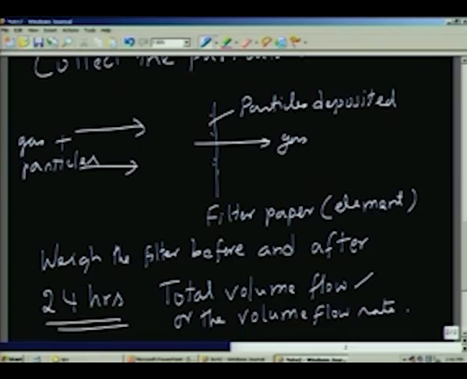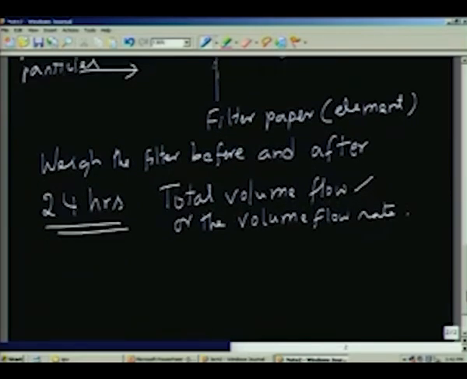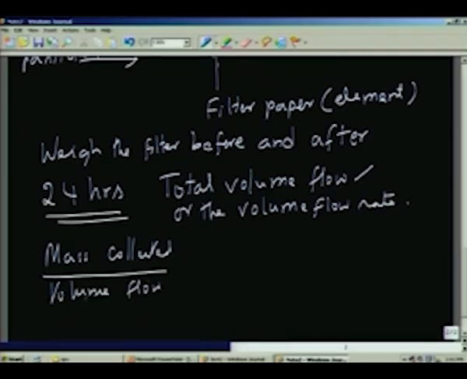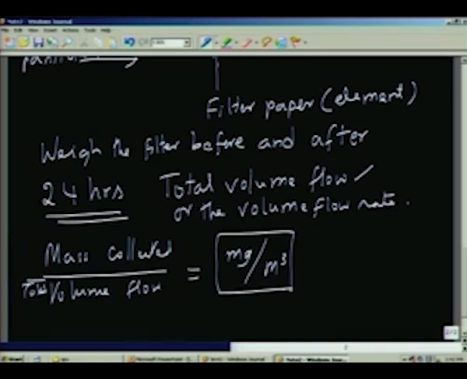So, if the weighing gives you the amount in milligrams or micrograms or whatever, so mass collected divided by the volume flow, which we will call total volume flow, will give you the mass in milligram per, for example, meter cube, that is what we want. So, this gives you the concentration, another word, the concentration of the smoke, concentration of the particulates.